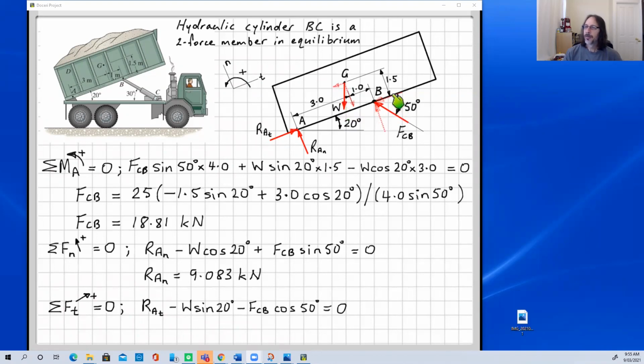And then we have this one here, this tangential component. That's the adjacent side to the 50 here. So FCB cos 50, and that's acting in the negative direction. No other forces, so put that all equal to 0 and do your algebra and solve for RAT equals 20.64 kilonewtons.